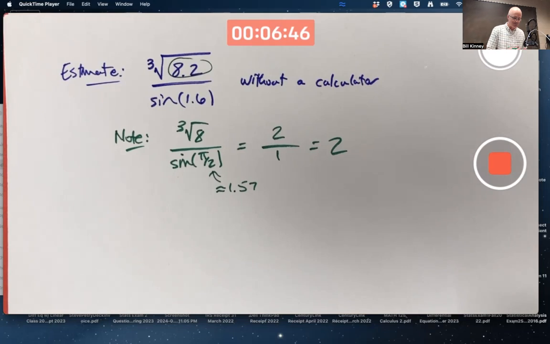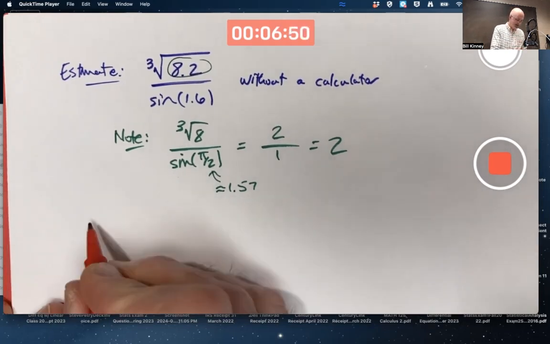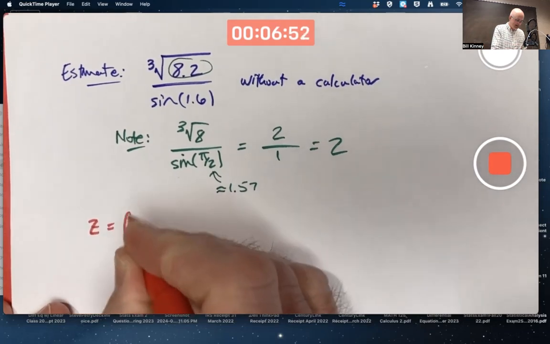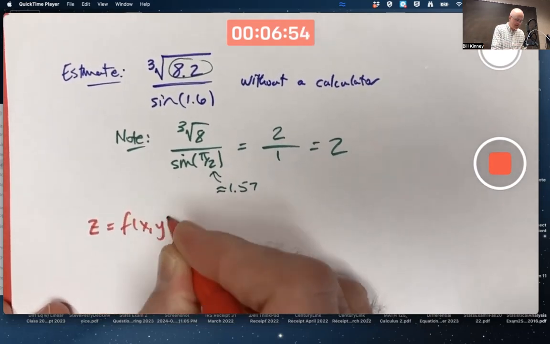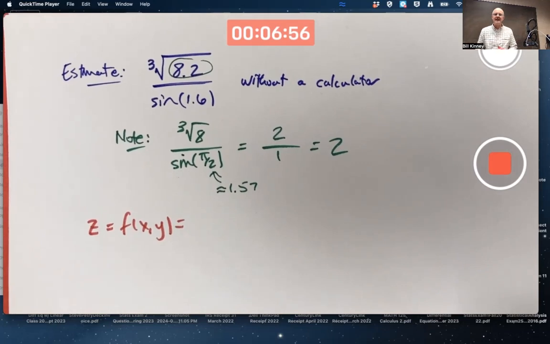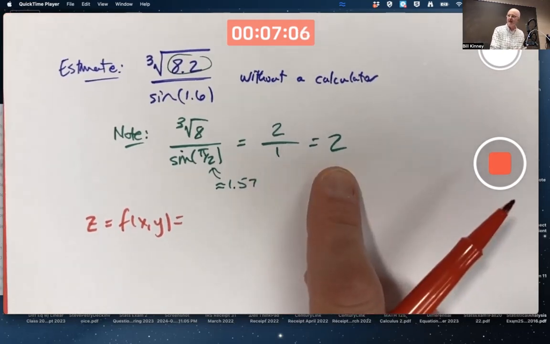So what do we do from here? Define a function z equals f of x, y of 2 variables, such that when I evaluate that function, say when x is 8 and y is pi over 2, I get this quantity here.